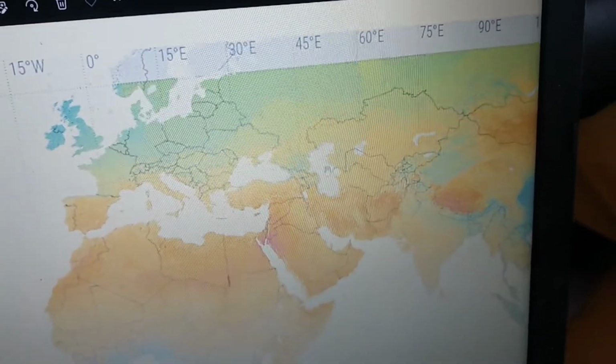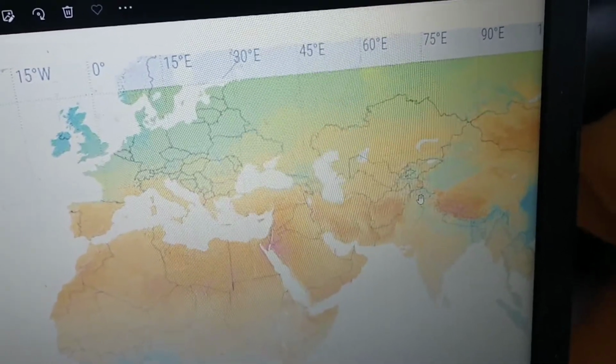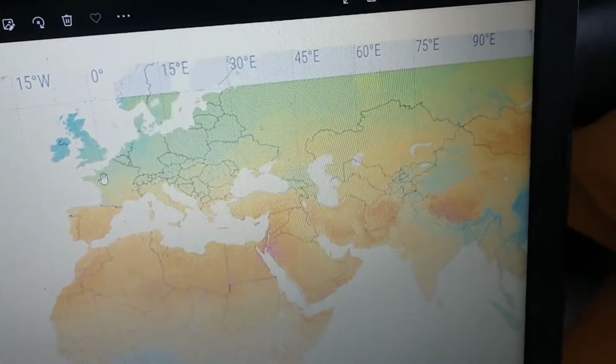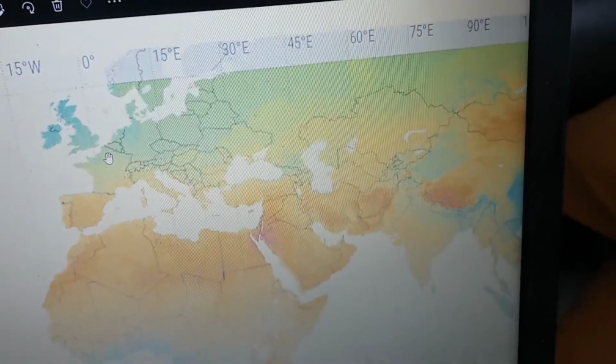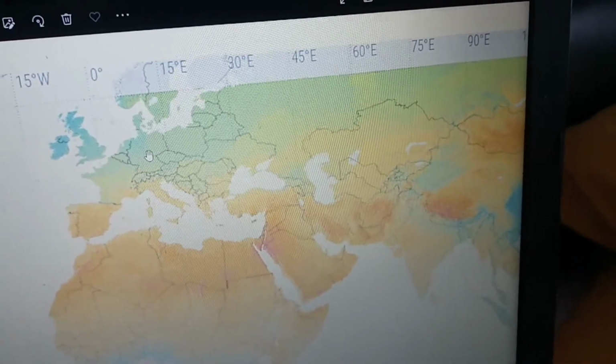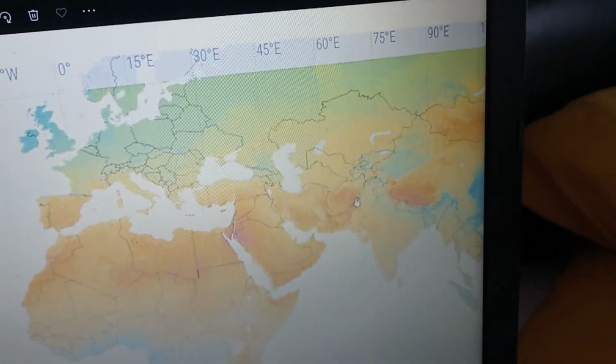So this part of Pakistan is similar in colour to northern France, really, and northern Europe.